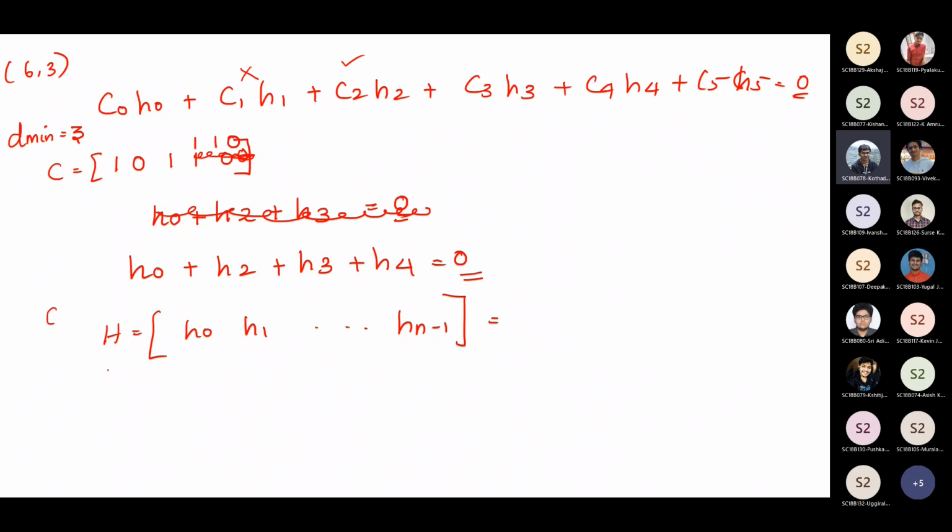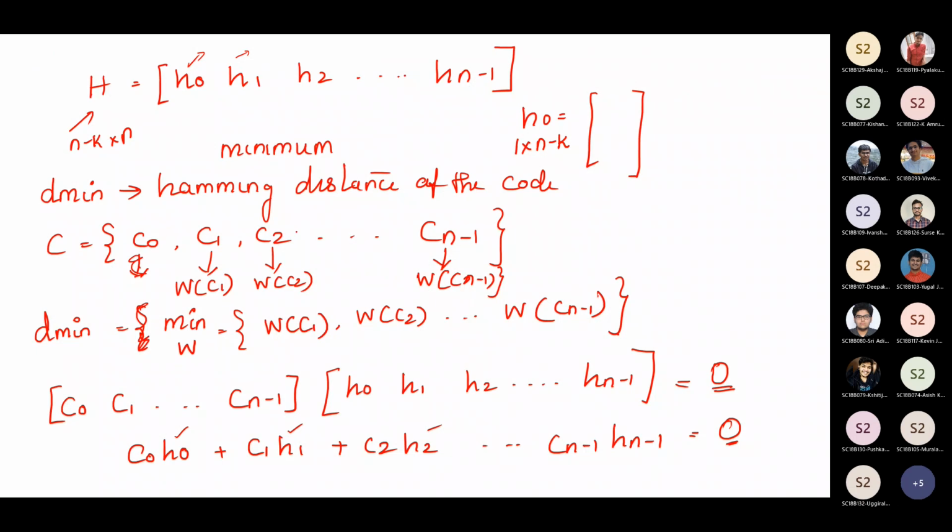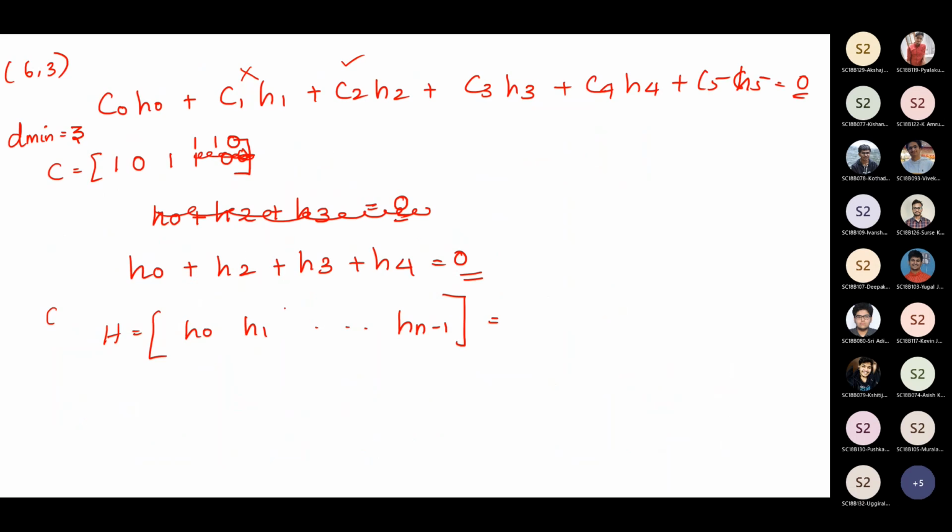So instead of finding each code vector's Hamming weight and then choosing d minimum from it, from this C into H transpose equal to 0, if I add at least any 3 column vectors, I should get a 0 vector.